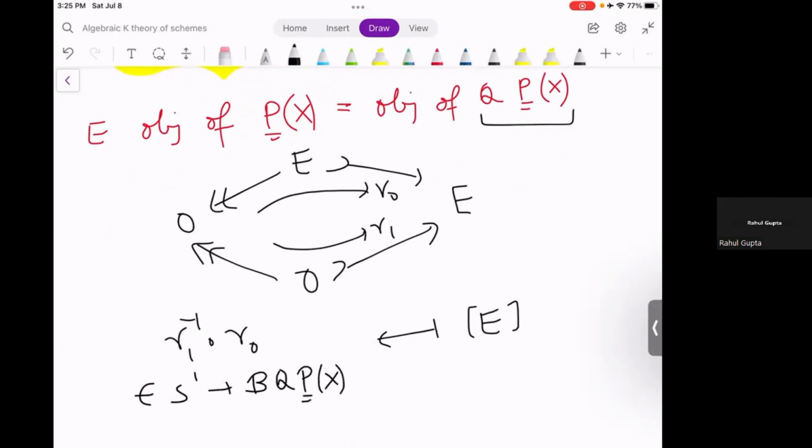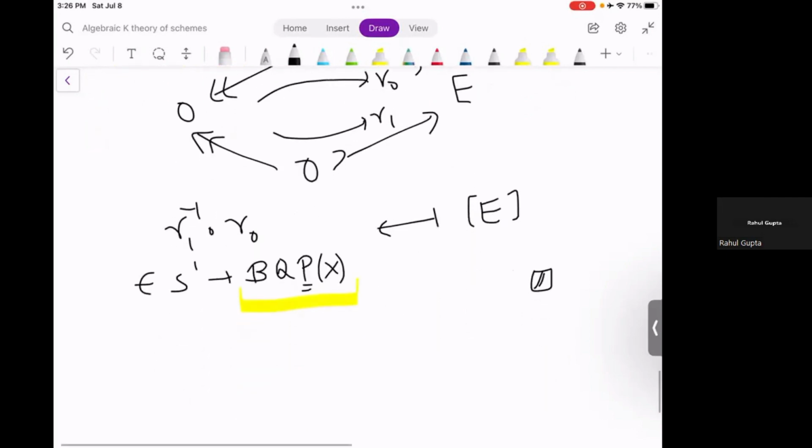If this is the first time you are seeing this construction, I would request that you go to the definition of this topological space and see what I'm trying to say here. It will be a nice exercise. Again, this lecture is not going to be self-contained at all, so I want you to go back and read the definitions of the classifying space and the Q construction and everything.